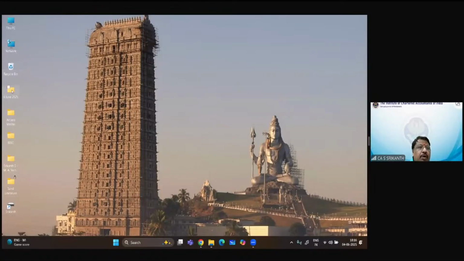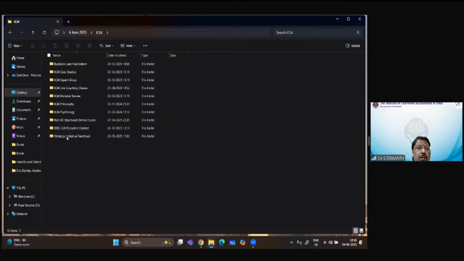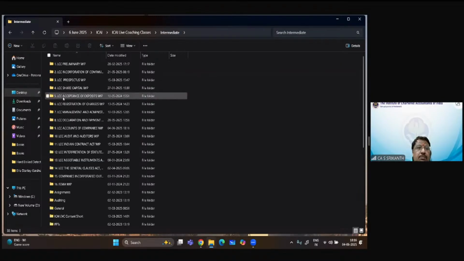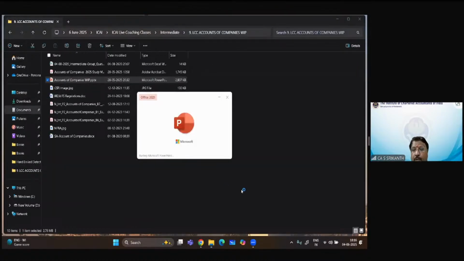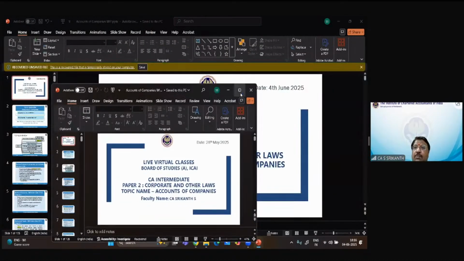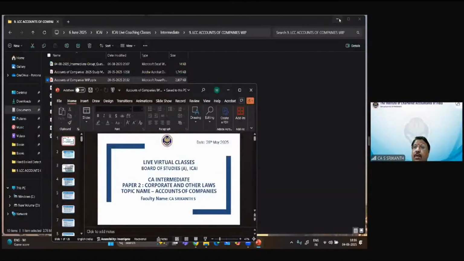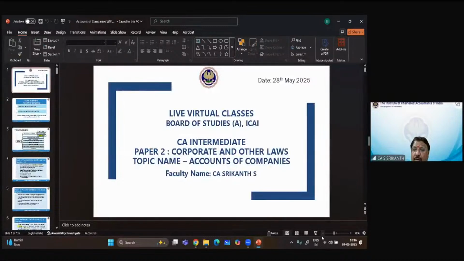I don't know why this is going off. This is some problem. Hope screen is visible. So can you confirm if screen is visible? Okay.